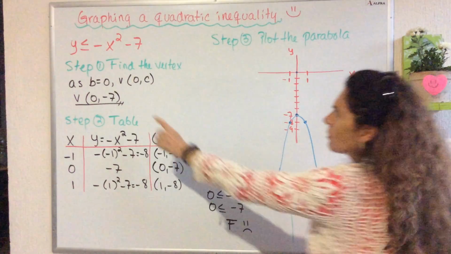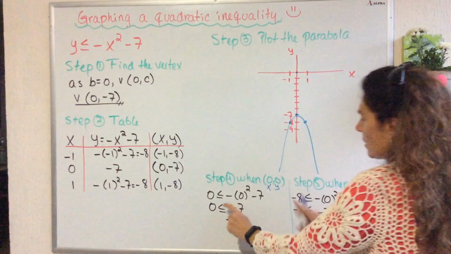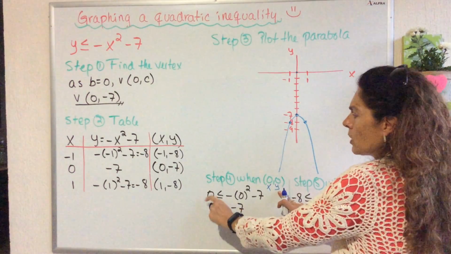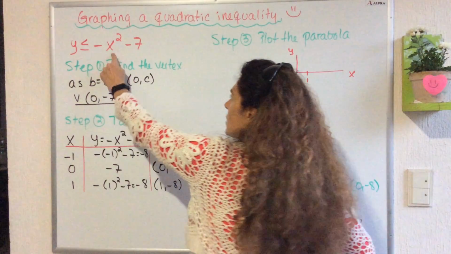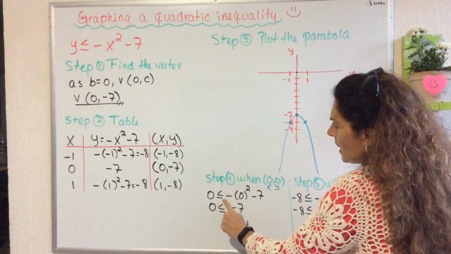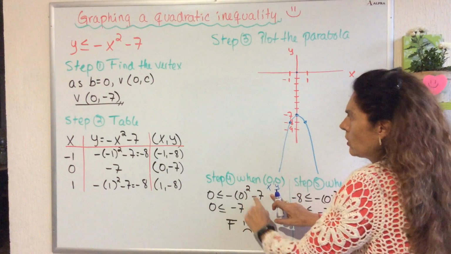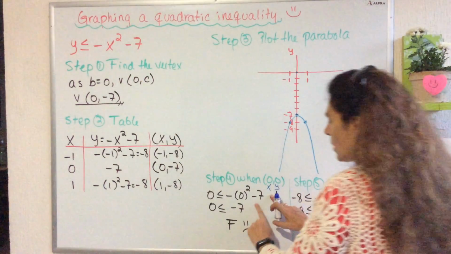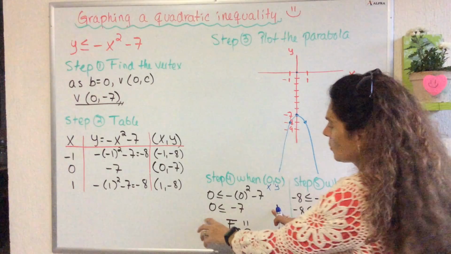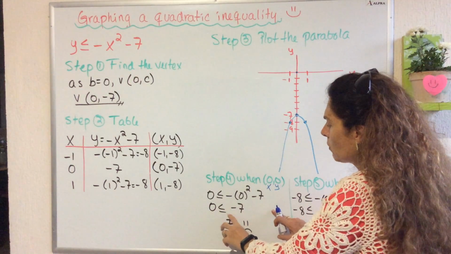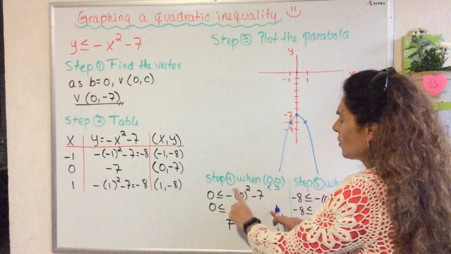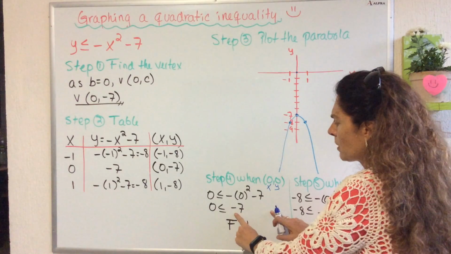So as y is 0, we have 0 is less than or equal to minus x to the second, and x is 0, to the second, minus 7, and we solve it. So we have 0 is less than or equal to, all this is 0, minus 7, so here we have minus 7.